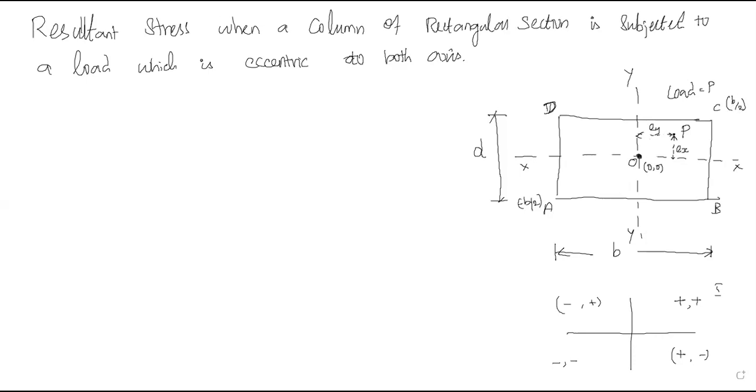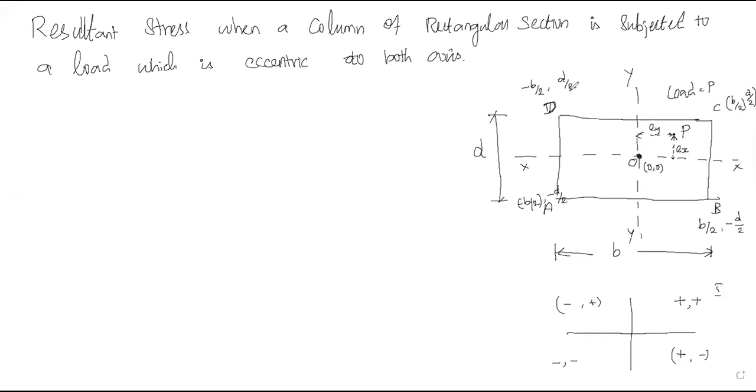Similarly, with respect to x-axis, this is plus d by 2 and here it is minus d by 2, this corner. And here it is plus b by 2, comma minus d by 2. Similarly, here it is minus b by 2, comma plus d by 2.